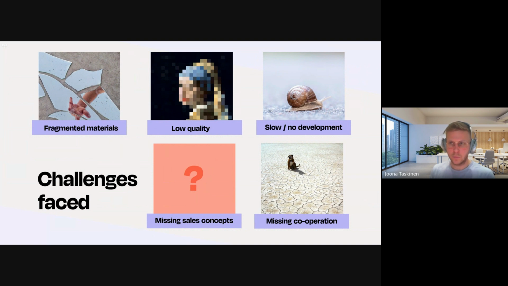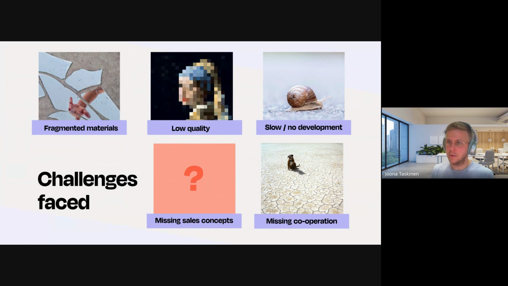Then it's quite often hard, slow, or even impossible to develop the content and the presentations, again, because they are on somebody's computer somewhere. And even though you develop better presentations and materials for your people, or they create them themselves, they don't necessarily end up in other people's use. Somebody might take the latest version into use, but most likely not all of them.